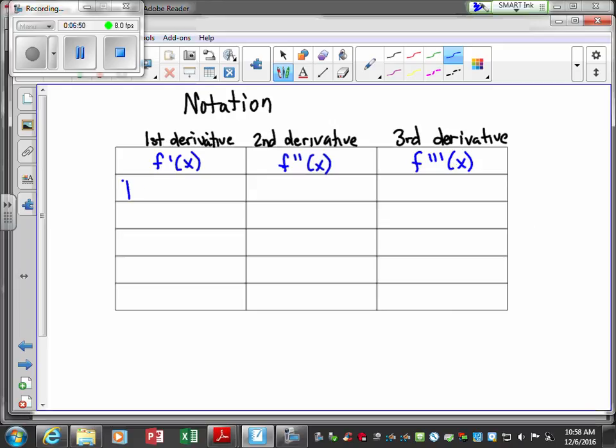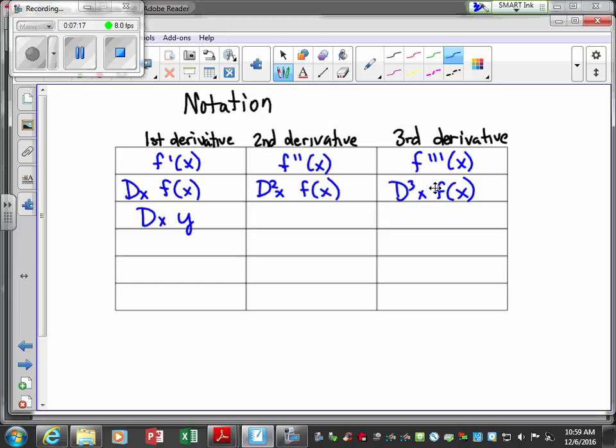Okay? Sometimes you will see it as d dx of f of x. So that's the derivative of the function. d squared dx squared of f of x. d cubed dx cubed of f of x. So that's like asking for the first derivative, second derivative, third derivative.